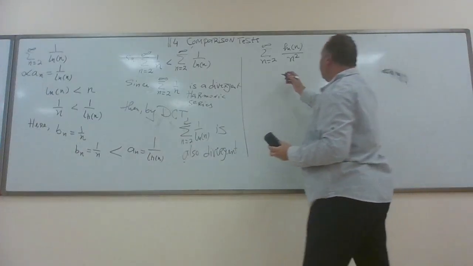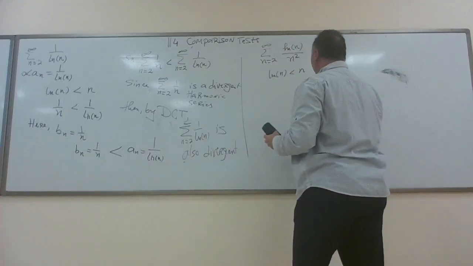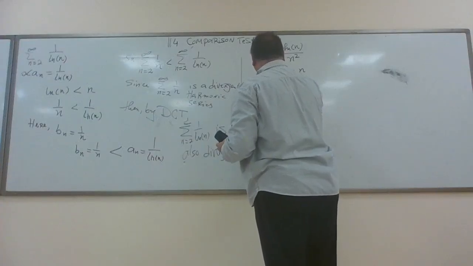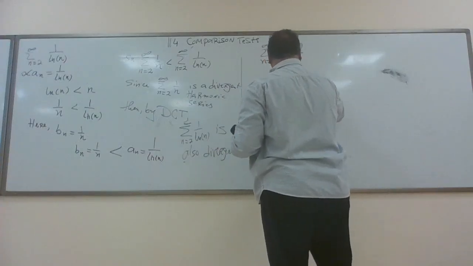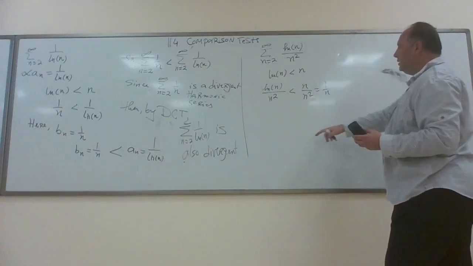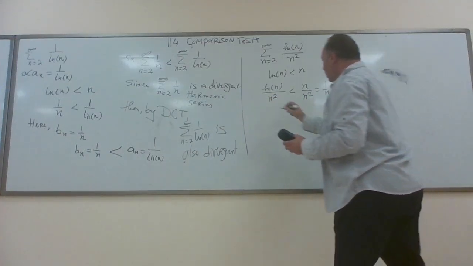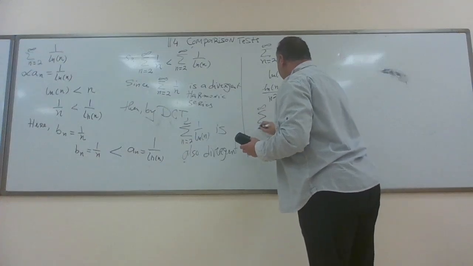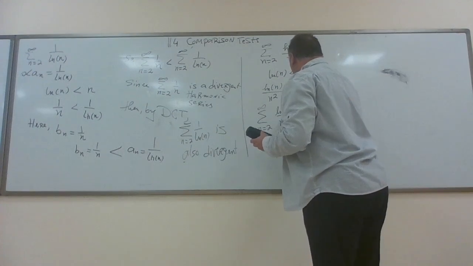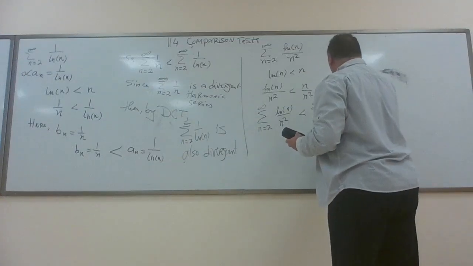Again, if we say ln n is smaller than n, then ln n divided by n squared is smaller than this, but this is 1 over n. We know that the series here is smaller than this series here, and then we will just realize how useless that is. This is smaller than 1 over n.